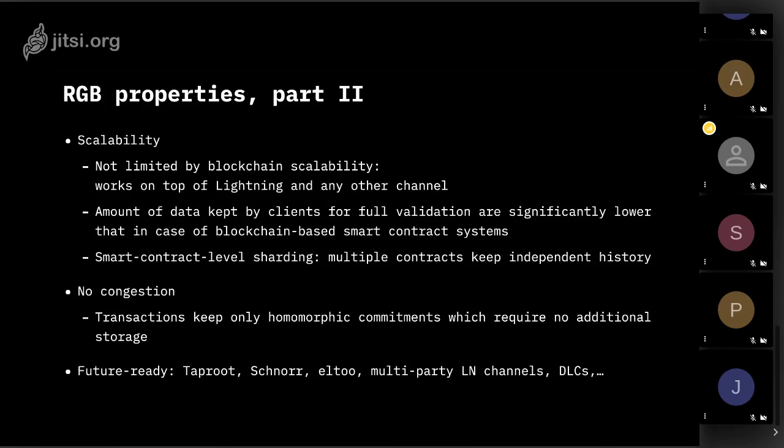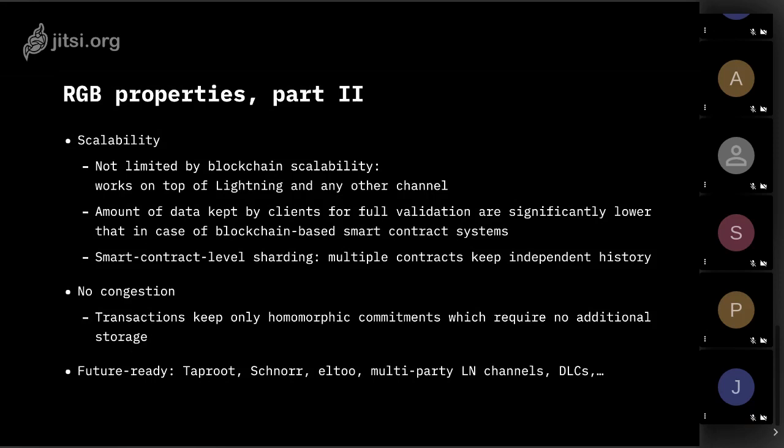And we use something like smart contract level sharding. Sharding is a wrong term, and I don't like it, but people understand it. It's basically that all smart contracts have absolutely individual and independent history, and they do not cross-section anyhow. So this helps in scalability.